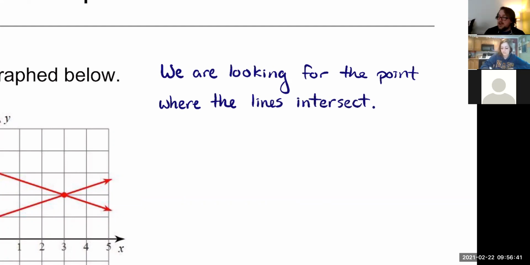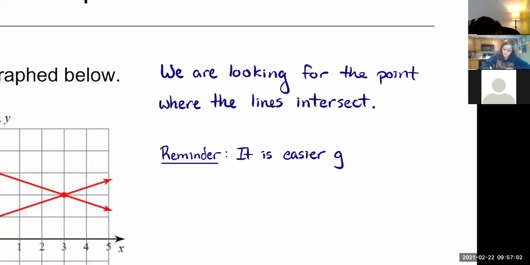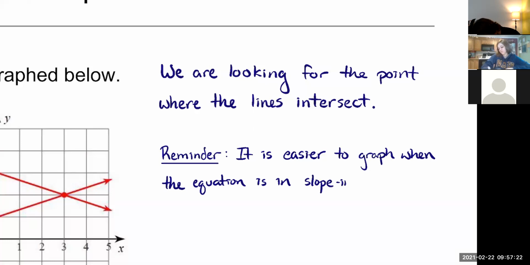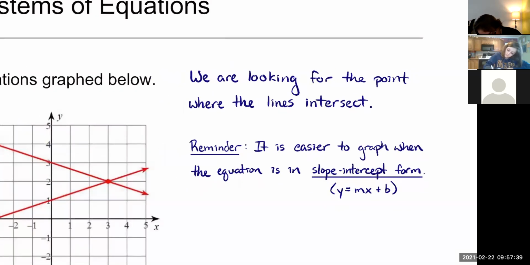Second thing I would mention, as a reminder, it is easier to graph when the equation is in slope-intercept form, which, quick throwback, is y equals mx plus b. So a little bit of information there for us.